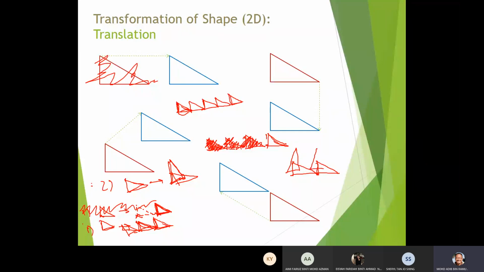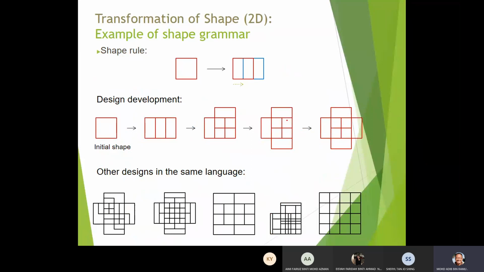Then again you apply the first rule, you add here, then you apply the second rule here. Okay, you apply the second rule again here, something like that. Only then does it become more interesting, right? So you need to really understand that.